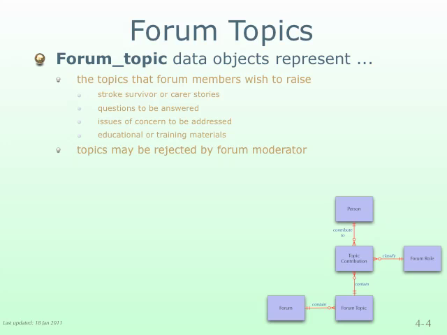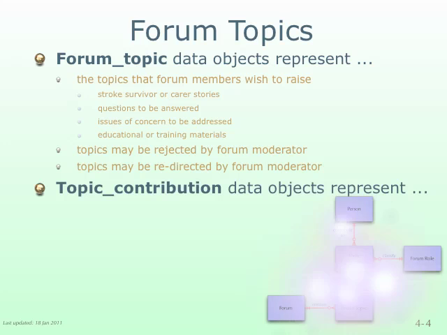Topics may be rejected by the forum moderator if they are not considered to be consistent with the scope or purpose of the forum. Topics may be redirected to another forum if they are considered to be more consistent with the scope or purpose of the other forum.